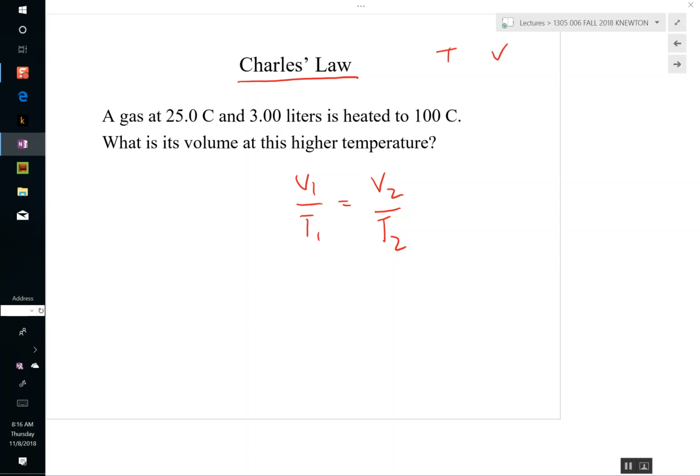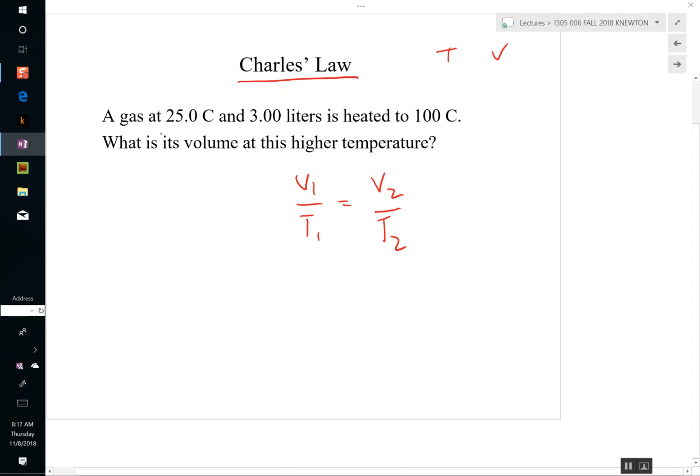It's not a Boyle's law problem. We're assuming, and it should actually say here, that pressure and the amount of gas are remaining constant. We're not changing the pressure or the amount of gas. The only thing changing here is what they're telling you about.